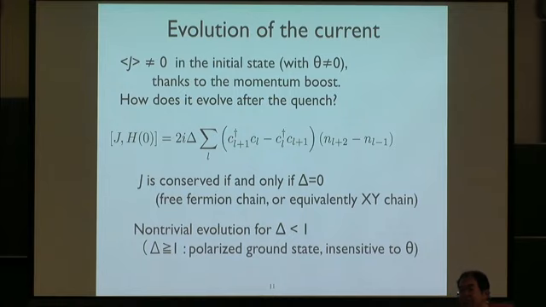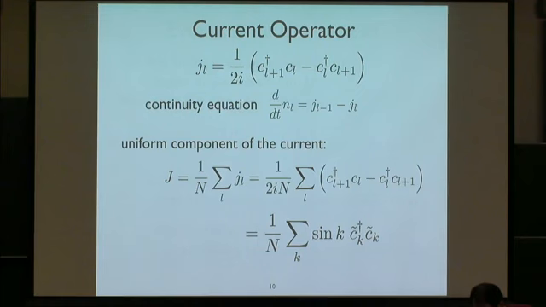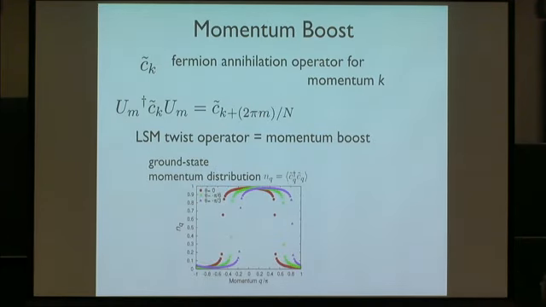If I understand correctly, you're saying that for free fermions you can't induce any current in the ring? Well, you do induce current in the initial state. Yeah, but the initial state is without current. No, because the initial state corresponds to this shifted Fermi sea in momentum space, so it does carry current.